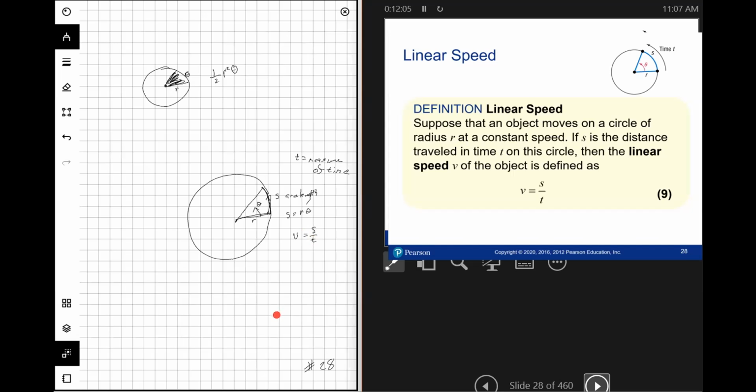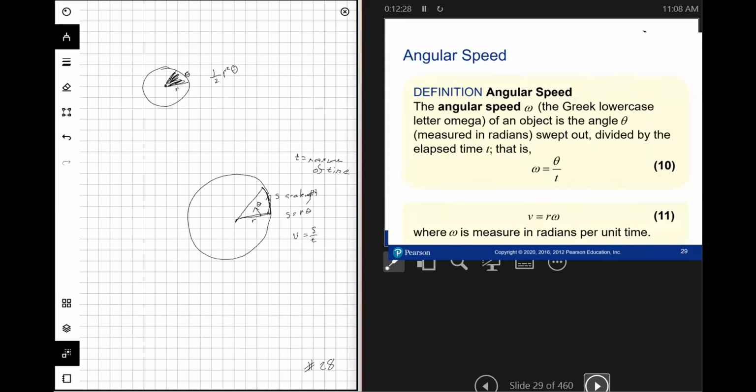Miles per hour. Okay, drive 65 miles in an hour. That's 65 miles per hour. It was traveling at 25 feet per second. So at the end of 1 second, it's gone 25 feet. So that's what they're talking about here.